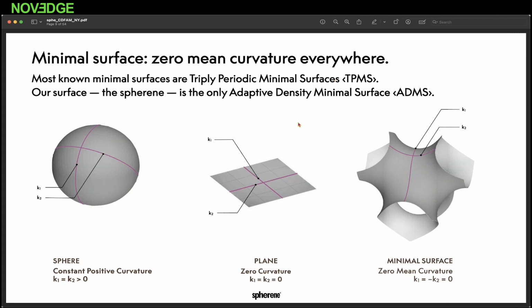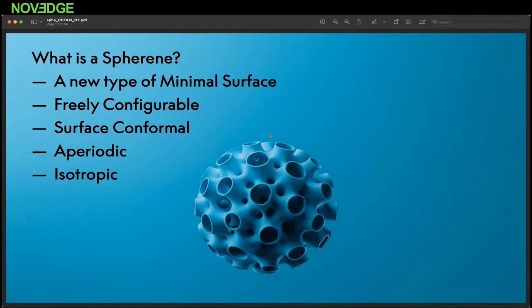But the difference starts after we discuss that there is a minimal surface and we have two volumes. We do not work in a unit cell. Spherene is an adaptive density minimal surface. So it is an algorithm that automatically computes how a volume is filled.